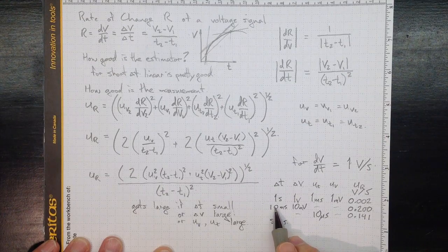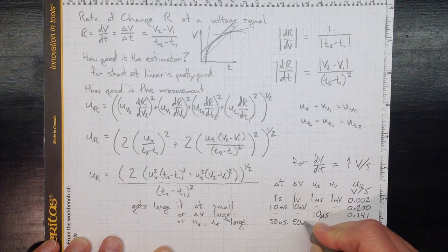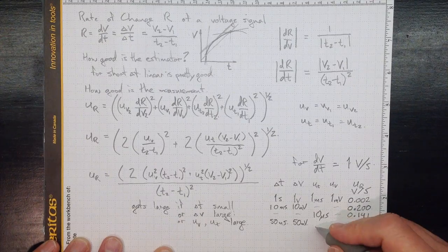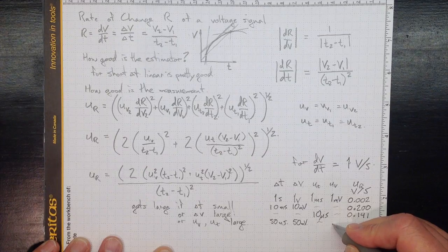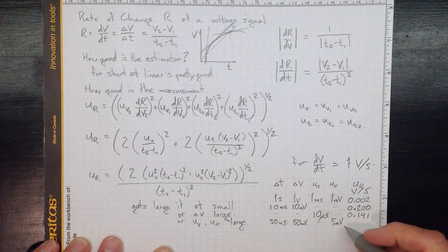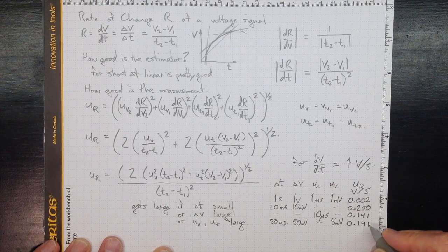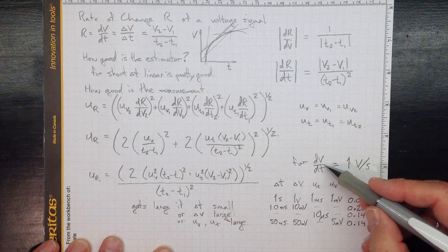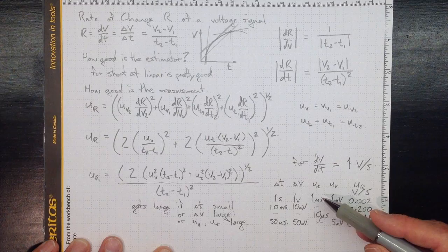Let's go to 50 milliseconds. So instead of 100 samples per second, we're going to look at it just 20 times a second. That should see a change of 50 millivolts. If we had our same 10 microseconds time base and our reasonable expectation of about 5 millivolts accuracy on our voltage measurement with our Arduino, then we'd still get about 0.141. So this derivative is not going to be nearly as accurate as what we were expecting based on our voltage measurement.